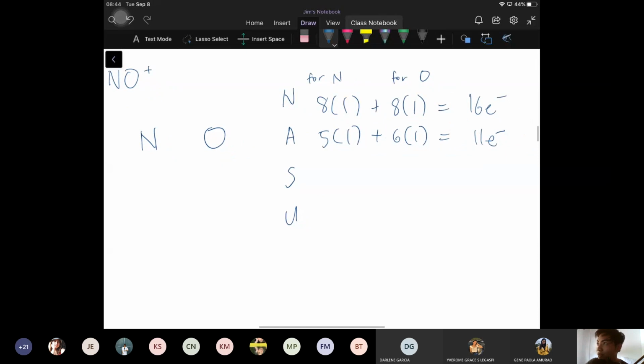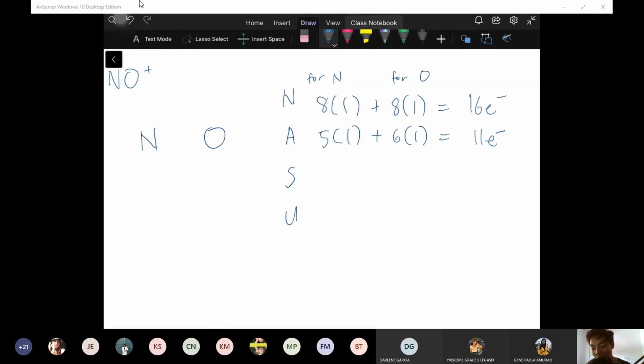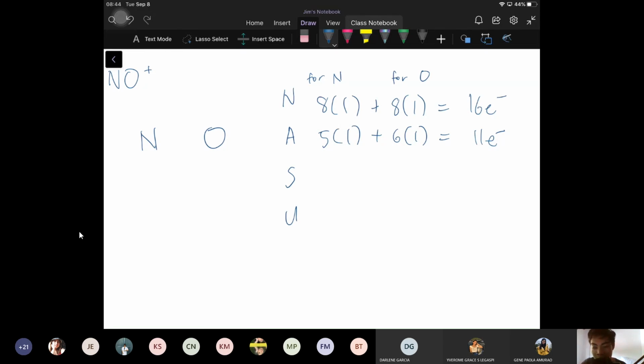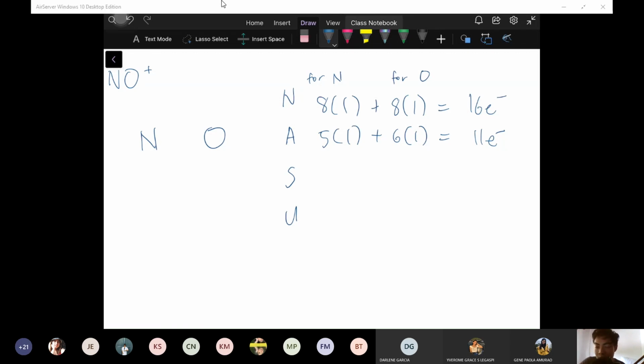So, looking at our molecule, it contains a positive charge. Yung molecule na yan, cation yan. And again, when our molecule or our atom is positive in charge, ano meaning nun? Sobra ba siya ng electron or kulang siya ng electron kapag positive charge?